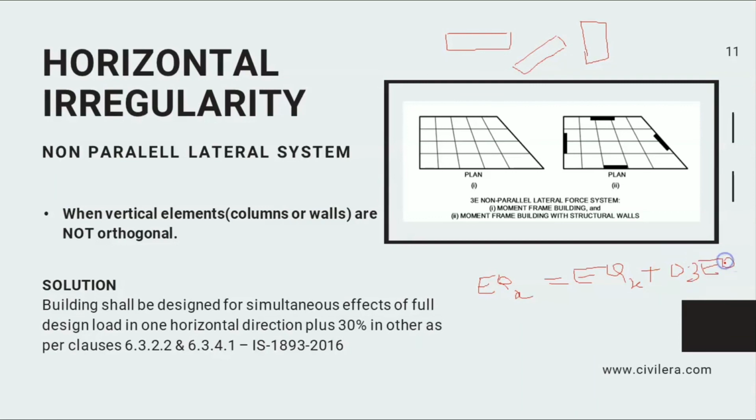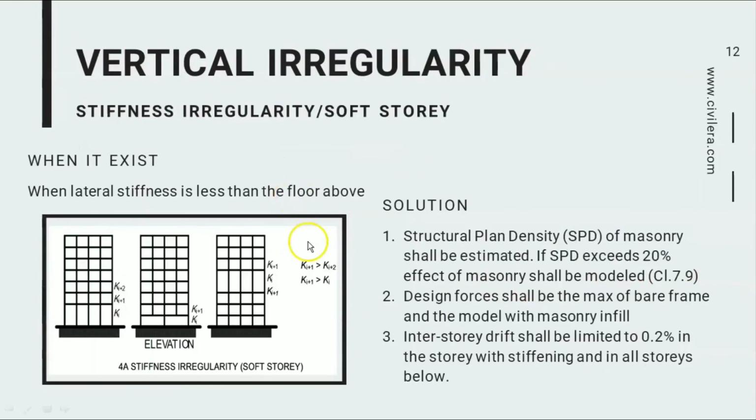You have to take the effect of Y also, 30% in the other direction. In the same way EQY becomes EQY plus 30% in the X direction. So we have to do that when we have a non-parallel lateral system. Now, vertical irregularity, we will discuss in the subsequent modules.